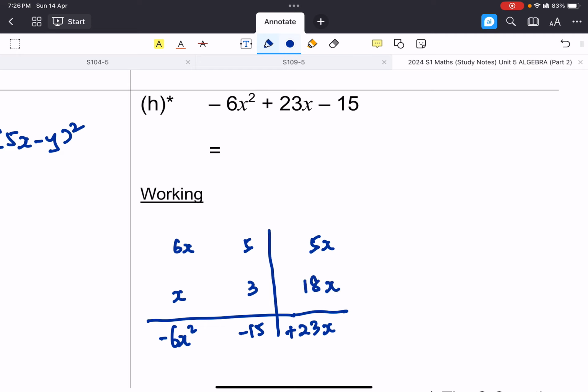Of course, just because it looks like it might work doesn't mean that this is the right combination. We need to check that the signs, positive and negative, match up. In this case, we want both to be positive. If we want both to be positive here, then over here we want them both to be positive as well. But they can't both be positive, because one of the 6x and x has to be negative.